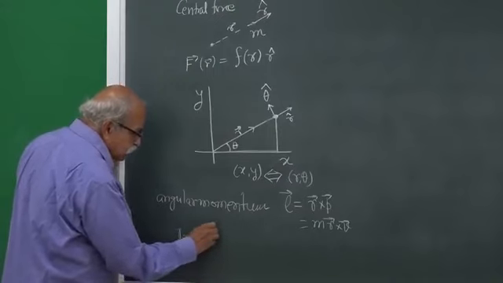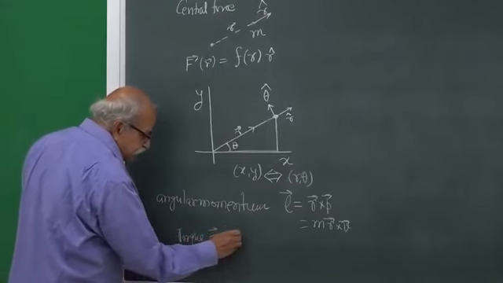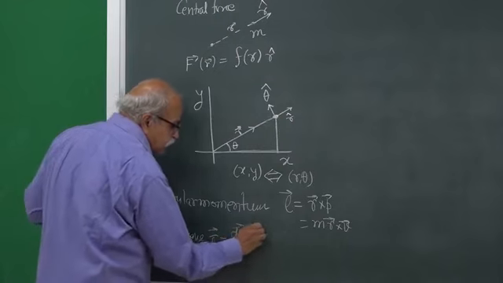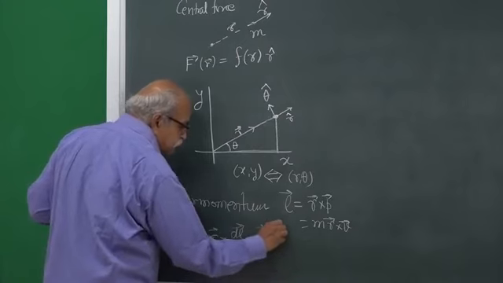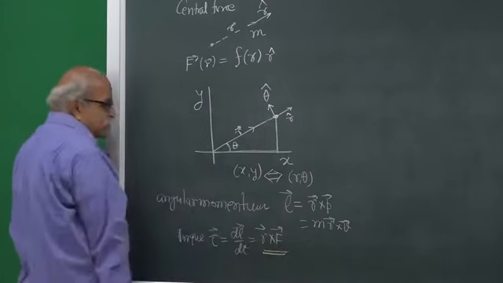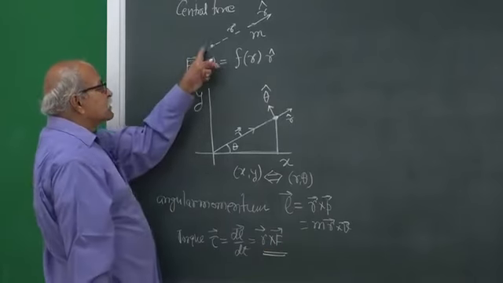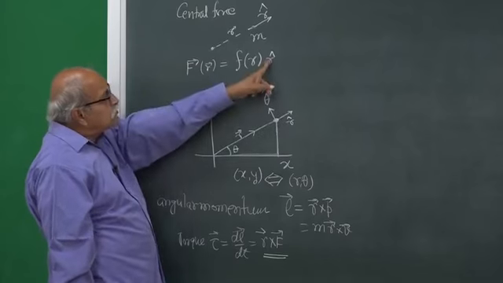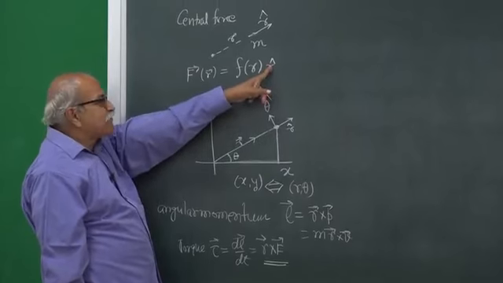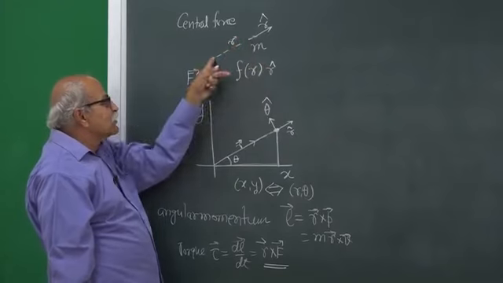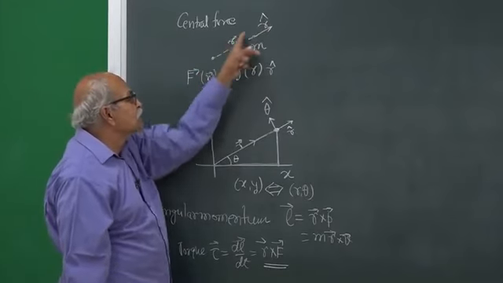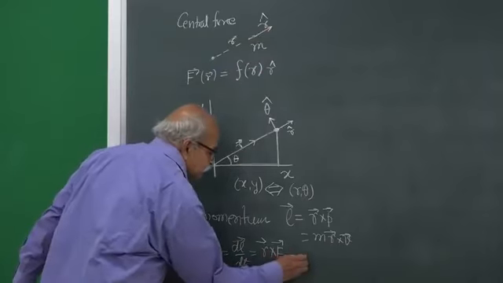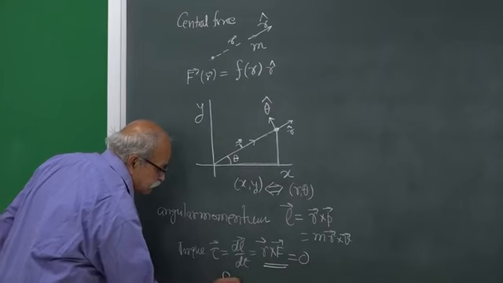Torque is tau, which is dL dt of course, and which is r cross F. Now, here is the crucial point, r cross F. This is vector r, and the force is also along that direction, r cap. The force is either towards the center or away from the center, but it is on the same line, and therefore, when you do this r cross F, this is 0 for a central force.